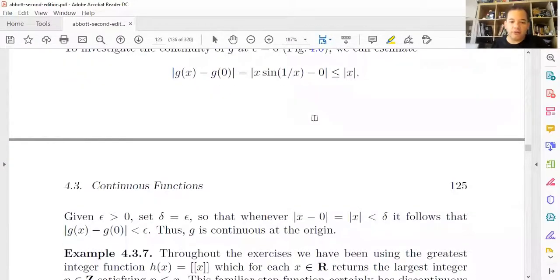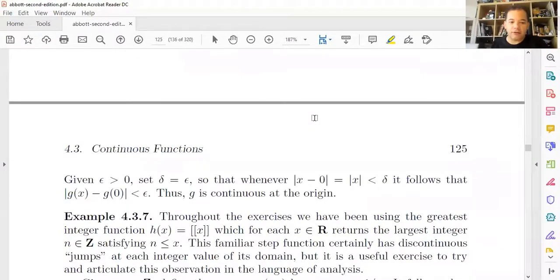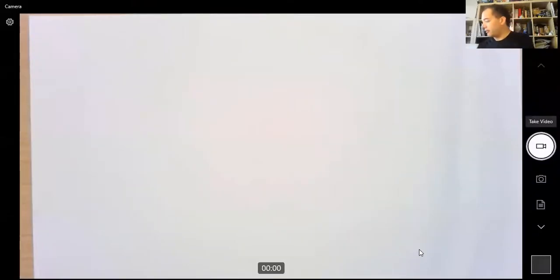And today I want to continue with talking about this example 4.3.7. Okay, so let's talk about that. This is a function that you maybe have seen already in the exercises from section 4.2. And if you haven't, then you'll learn about this function for the first time right now. So we're talking about the largest integer function.